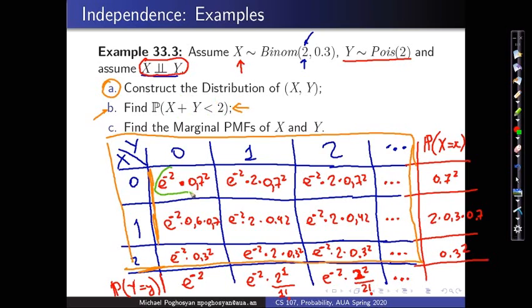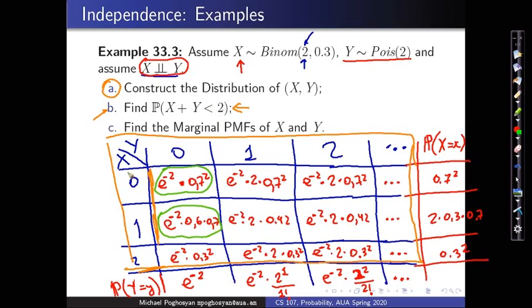So I will add this probability. Then x is 1, y is 0. The sum is 1, it is satisfied. So I am adding this. X is 2, y is 0 is not satisfying because I will have 2, which is not less than 2, strictly less. So this is not satisfying.